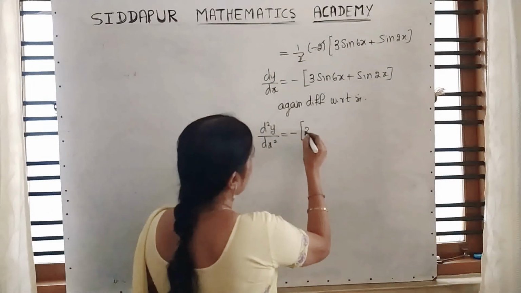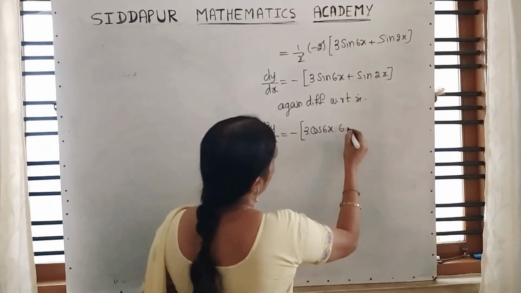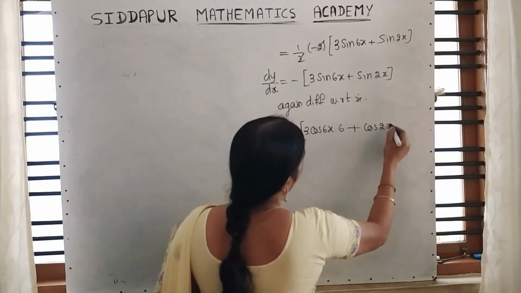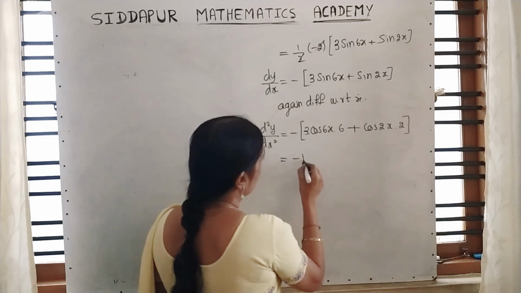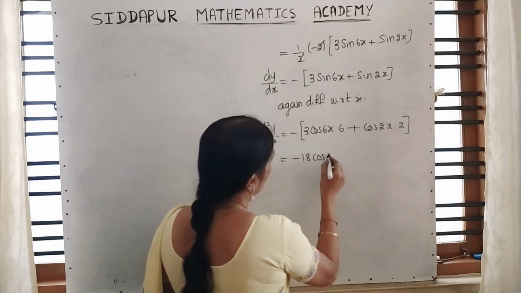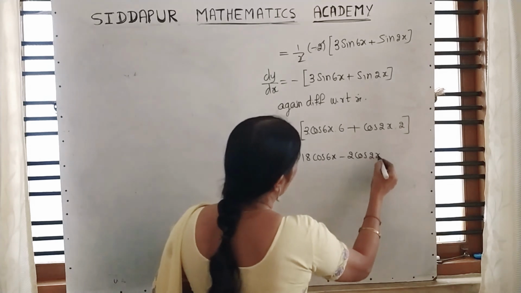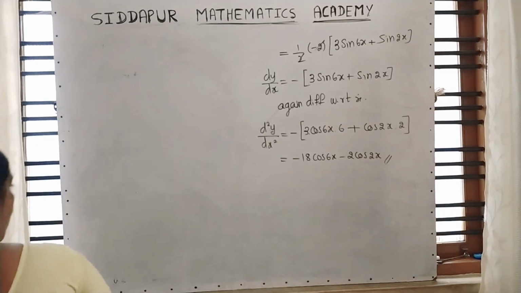So it is 3 as it is. This is cos 6x into 6 plus sin 2x is cos 2x into 2, minus 18 cos 6x minus 2 cos 2x. This is the final answer. I took minus inside the bracket.